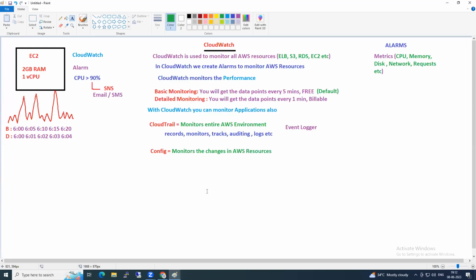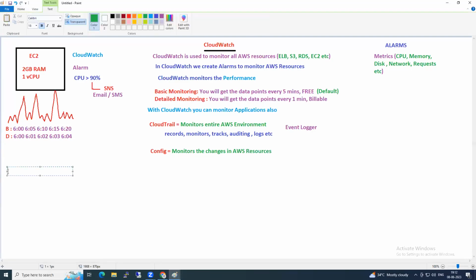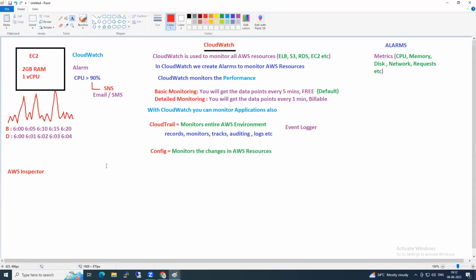And there is also a security service called AWS Inspector. What does the inspector do? He also monitors your place. So we have the police department.